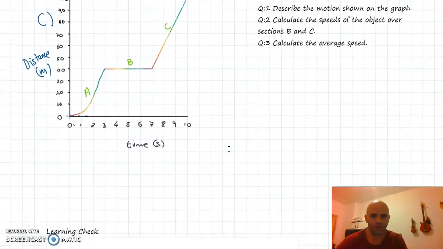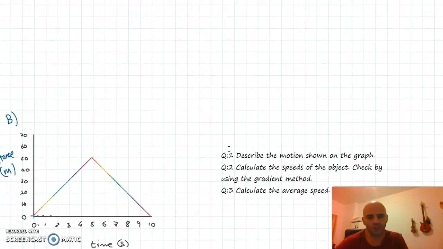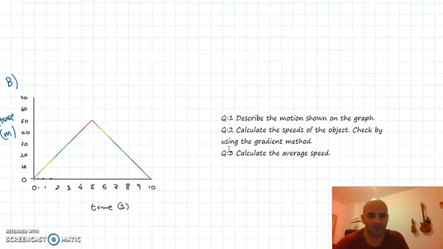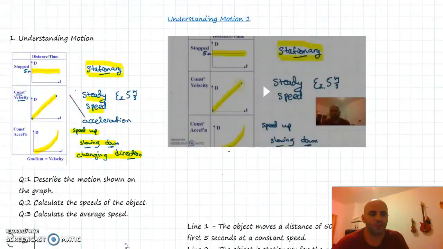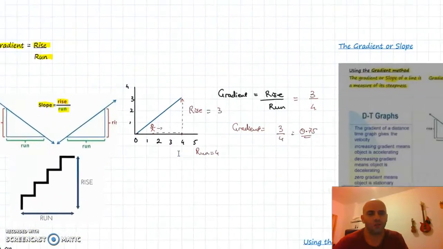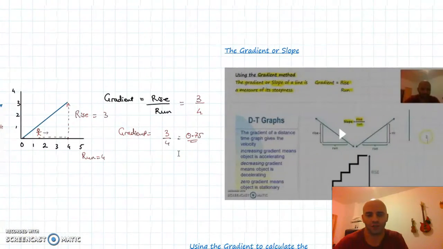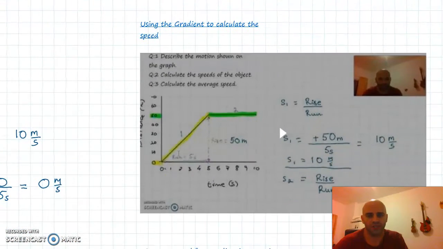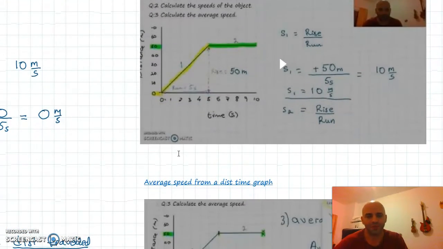We've got a couple of questions where you could do part 1 and maybe part 2, and then come back up, and you'll see that I've done one on the slope, introducing what the slope is, and then using the slope or the gradient to calculate the speed.